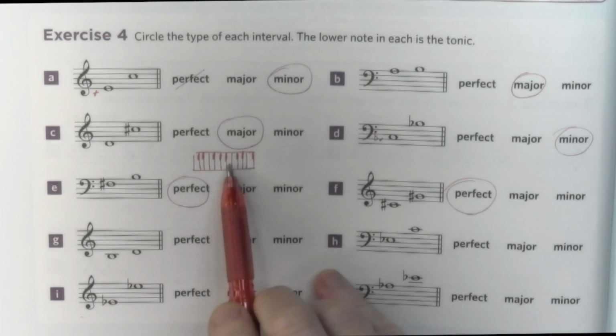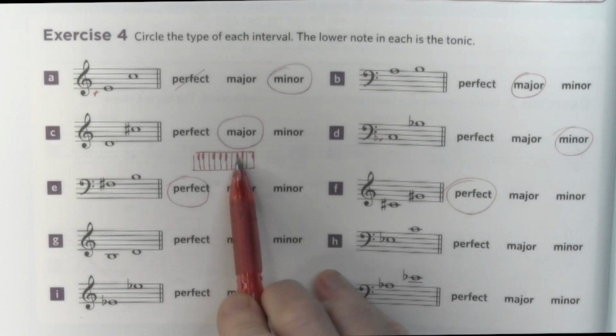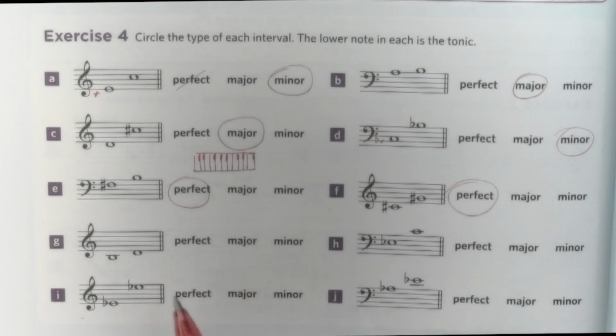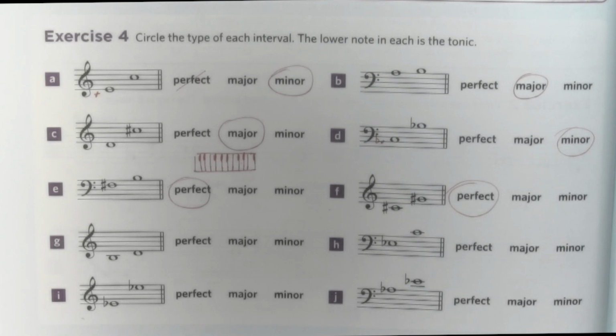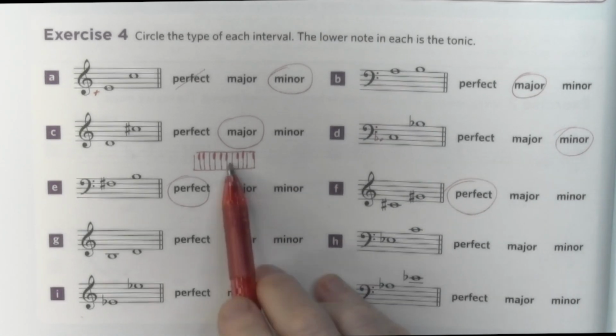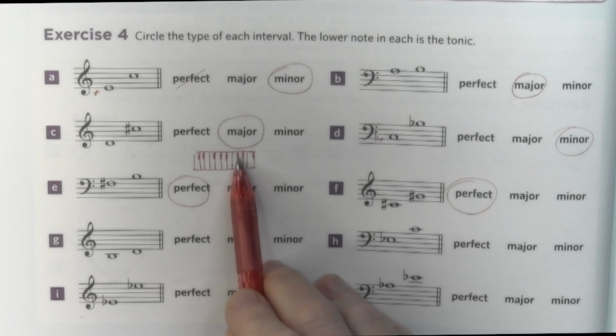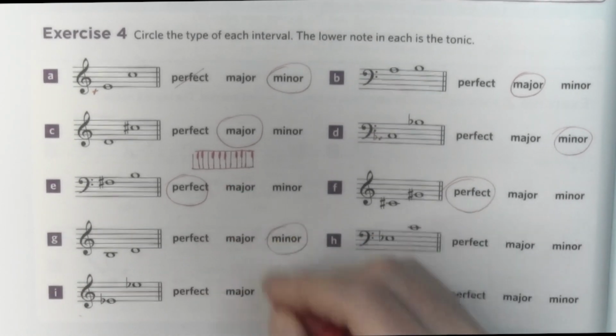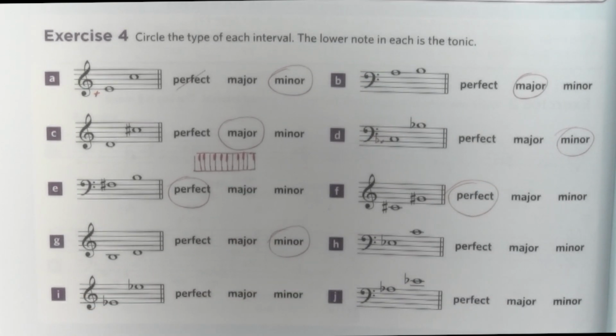Si, re is a 3rd, 1 and a half, which means that this is a minor 3rd, because the major is 2 tones away. So 1 and a half, minor 3rd.